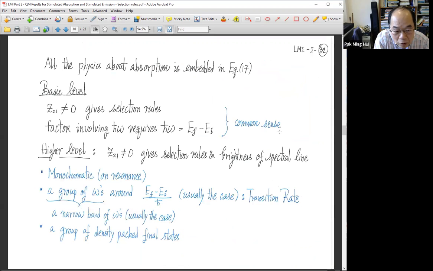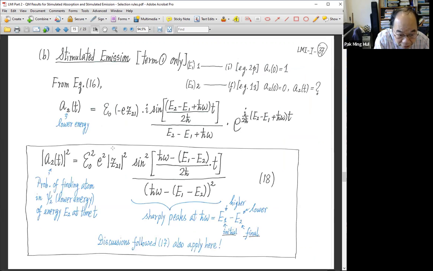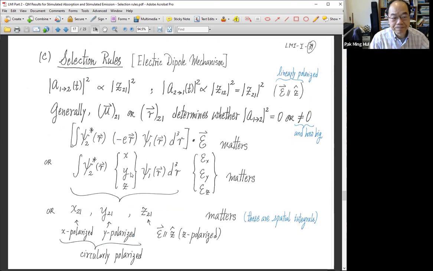Selection rules come from the spatial integral. Okay, so we pick that up and start looking at this particular integral. So we focus on this integral.